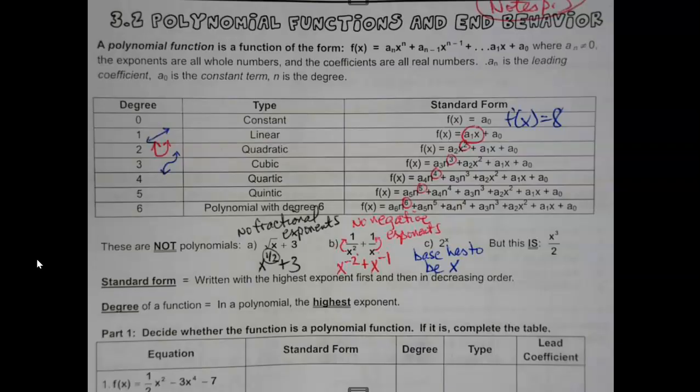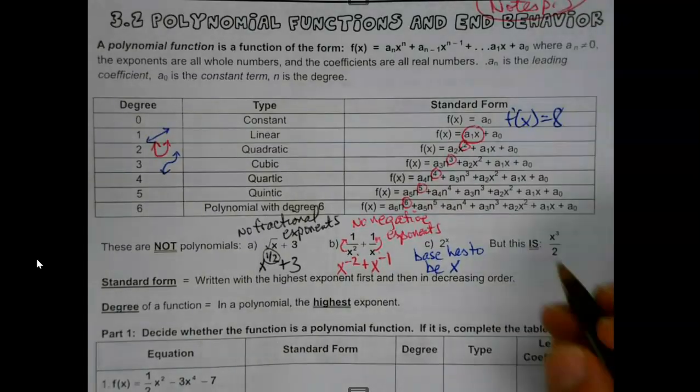Your base has to be x. Now, are you saying it couldn't be some other variable like y or z or n? No, but it has to be a variable. I guess that would have been a better way for me to put it. Because that's completely different from something we're going to see with any of these. But this last one would be a polynomial. You're like, well, wait a minute, I thought you said no fractions.